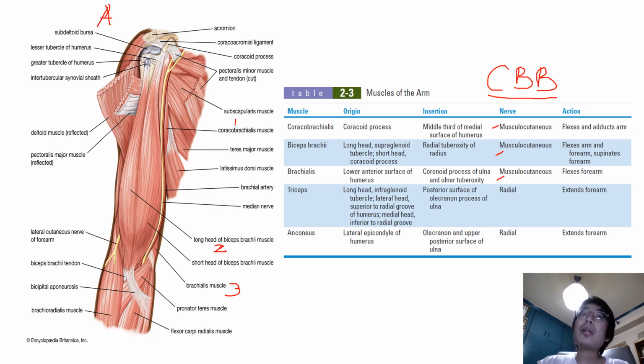The anconeus is a smaller muscle, also located posteriorly, whose origin is the lateral epicondyle of the humerus, and it inserts into the olecranon and the upper posterior surface of the ulna.